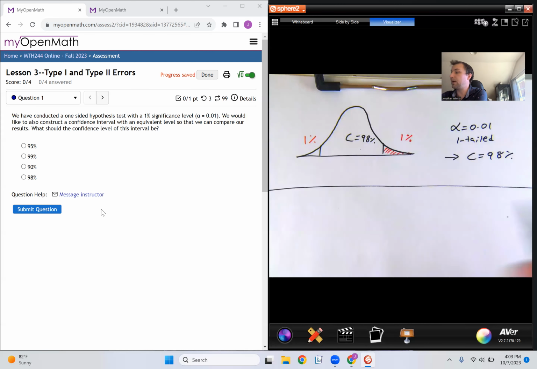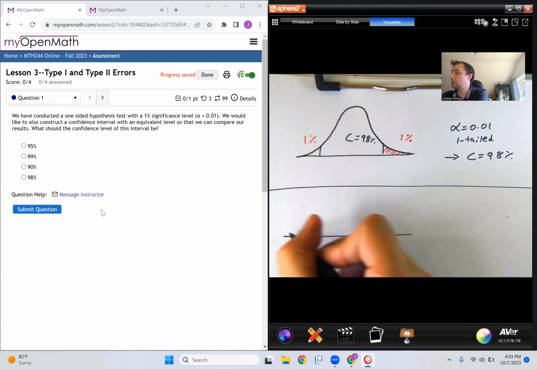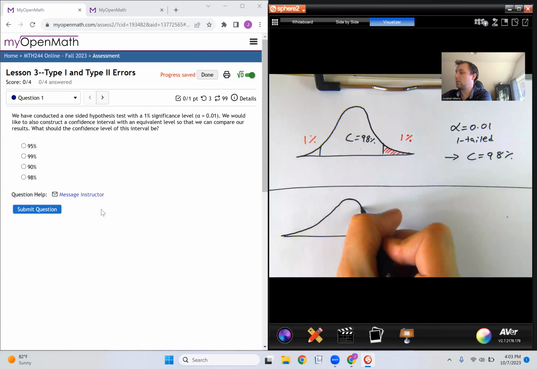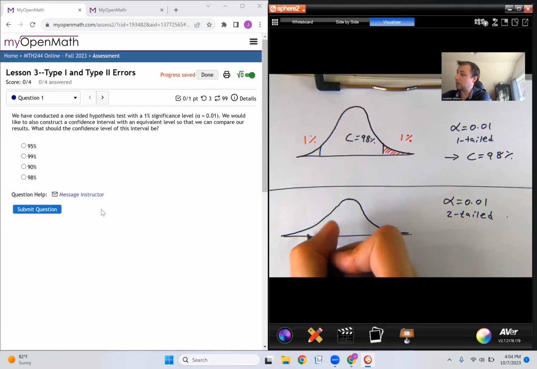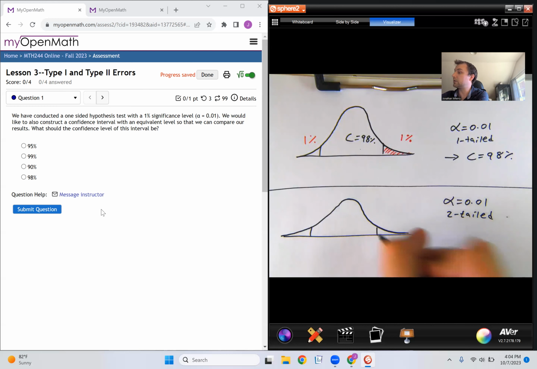Now, just to have it for comparison, here's my normal curve, alpha of 1%. Suppose this was two-tailed. And I want that confidence level C. C still lives in the center.